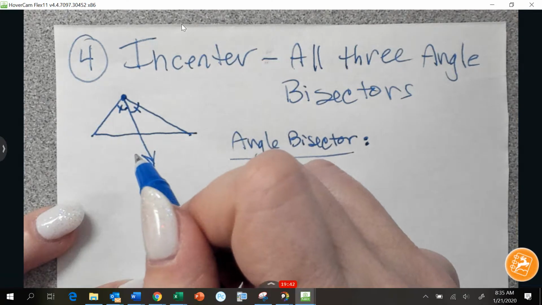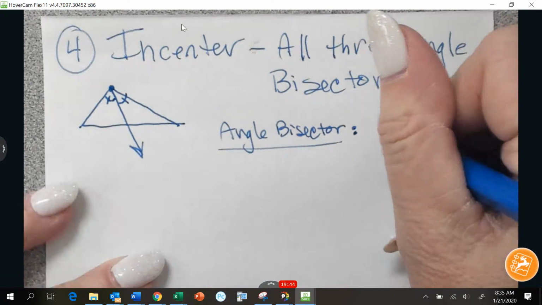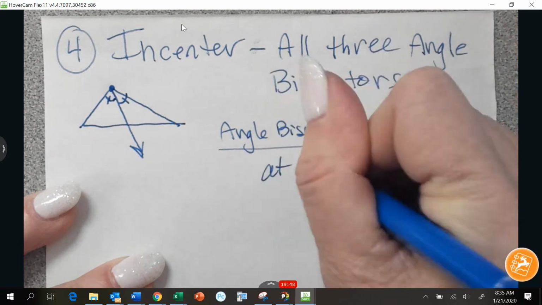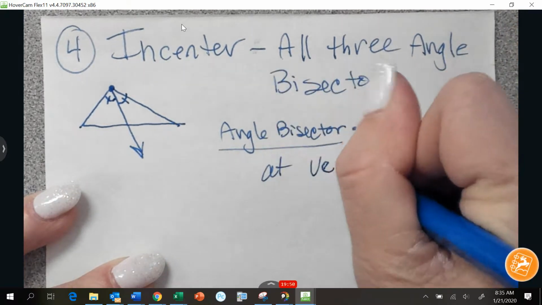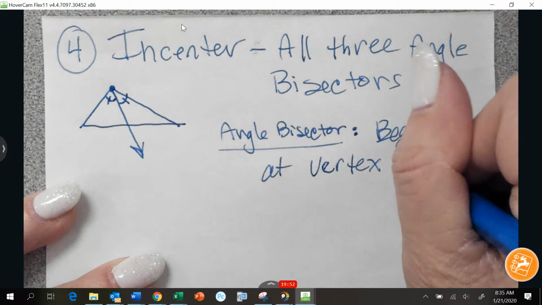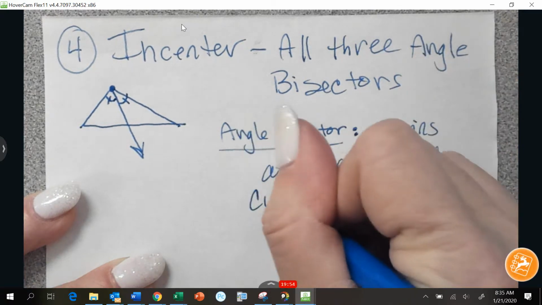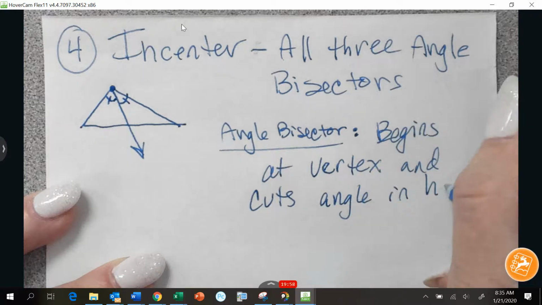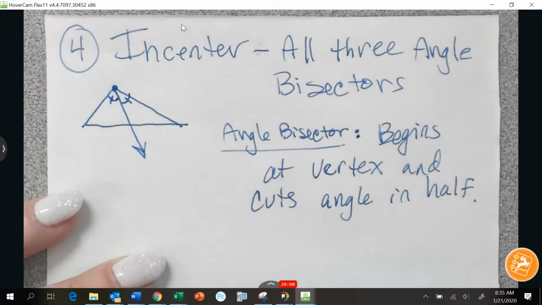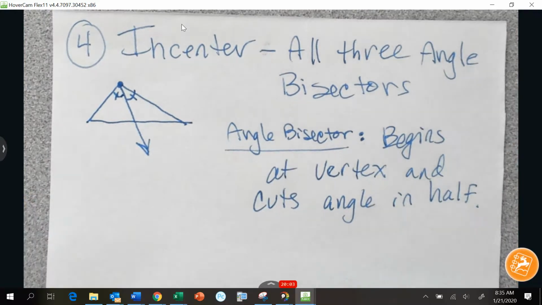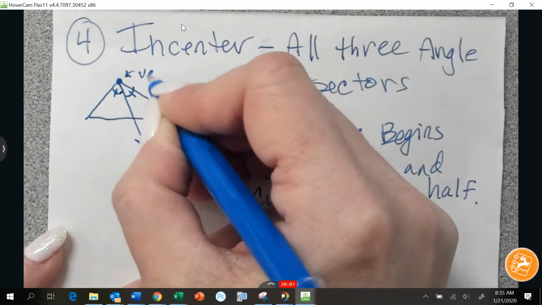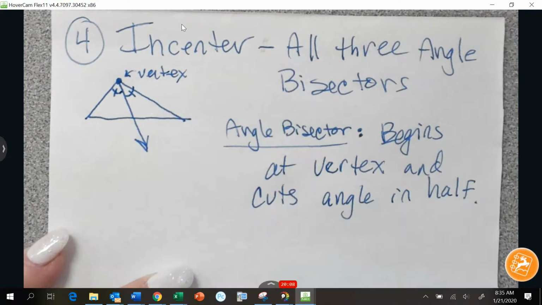That's what it does. Two completely congruent angles. So here it starts at the vertex. This one passes through and cuts the angles in half.